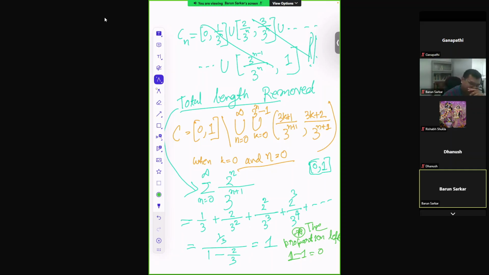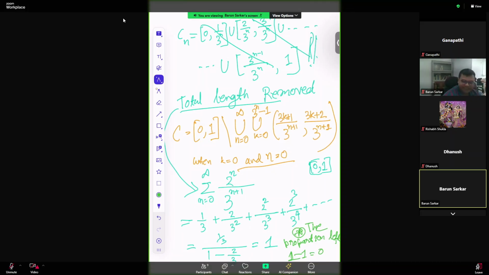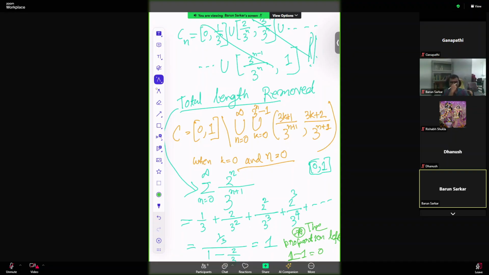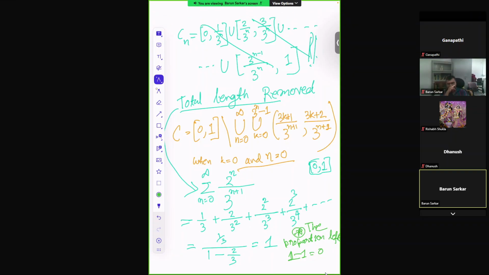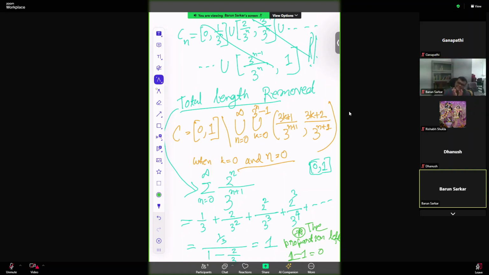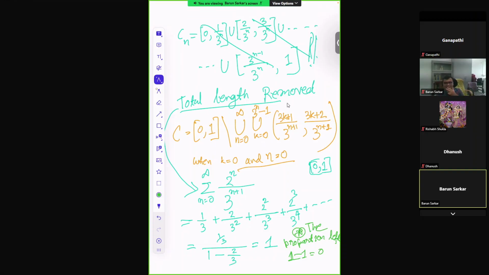So you are removing the whole thing, because it's a geometric series and the removed length is 1. It is saying that these are small intervals, almost like points. This is very interesting: it contains intervals of no length.